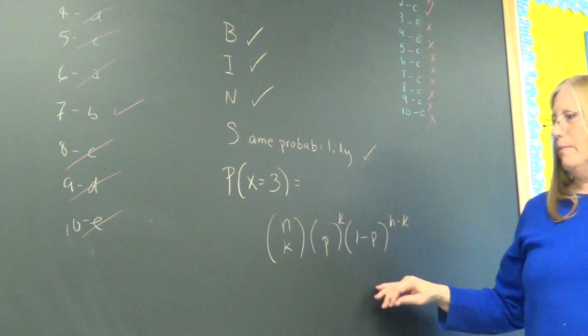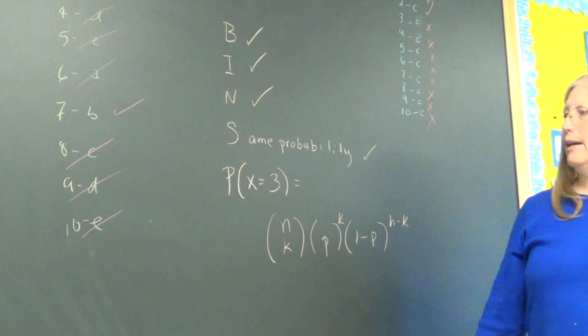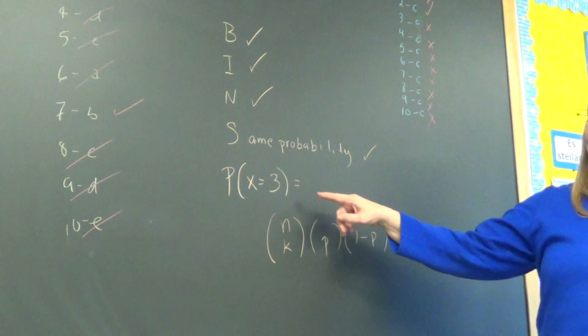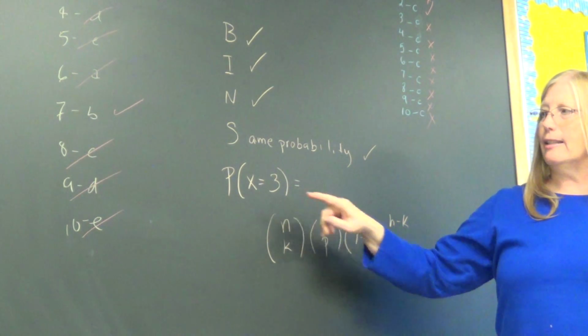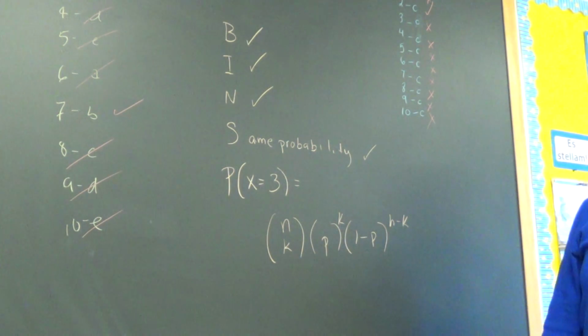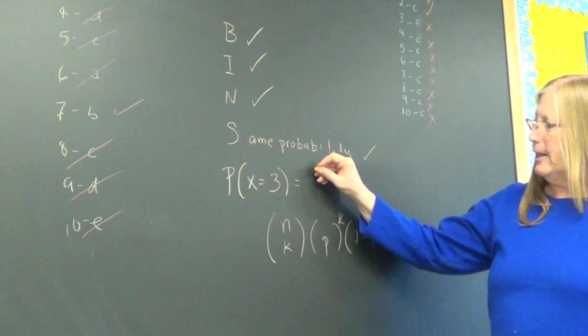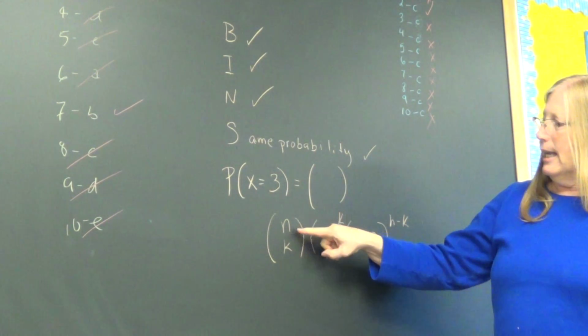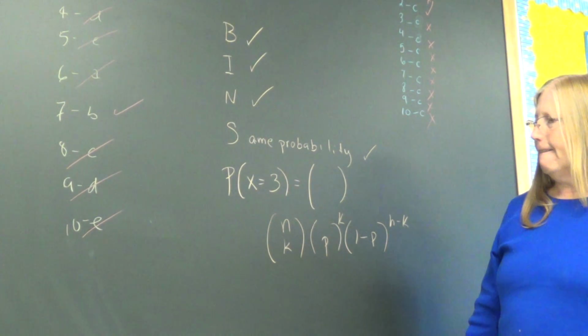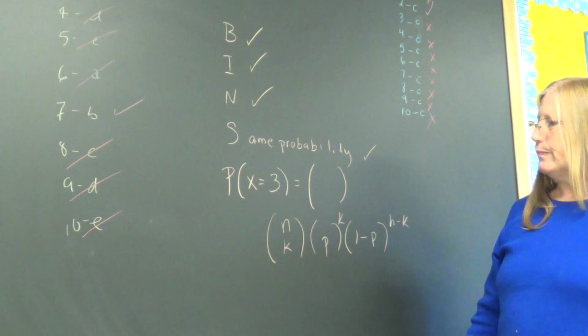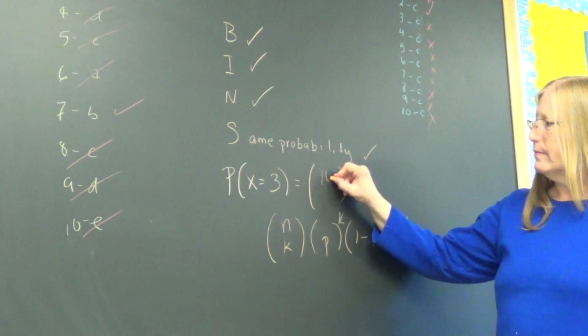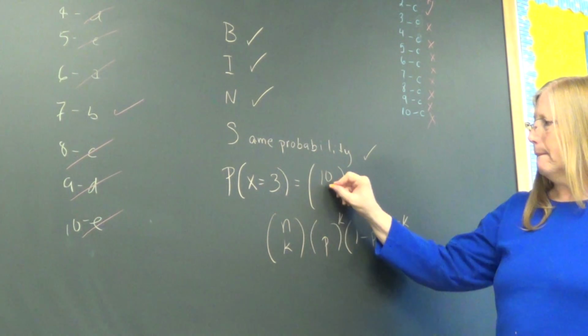That's called the binomial theorem, and we're going to figure out what it would be to have exactly 3 correct on this game. So, MD, what would these values be? N and K. N would be 10, and K would be 3. Right.